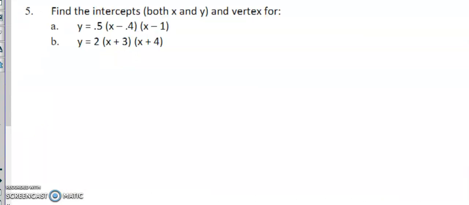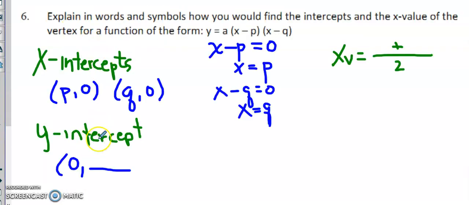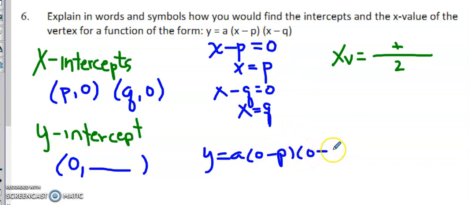And what we did was we placed 0 into this equation to figure out what the answer would be. So if I take y equals a, and then replace x with 0, so x would be 0 minus p. And for the other factor, also replace x with 0, so it becomes 0 minus q.